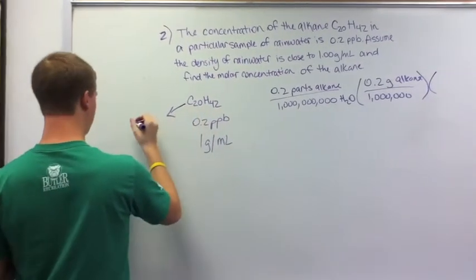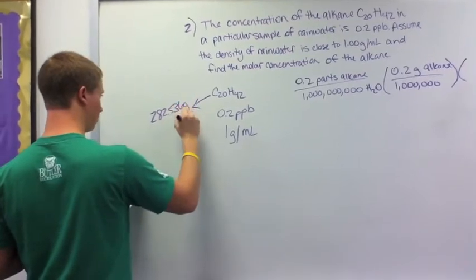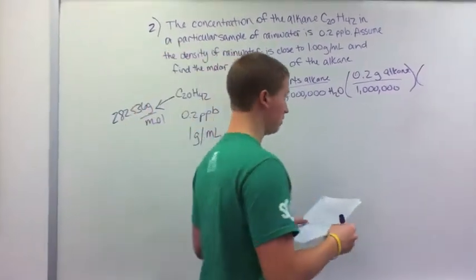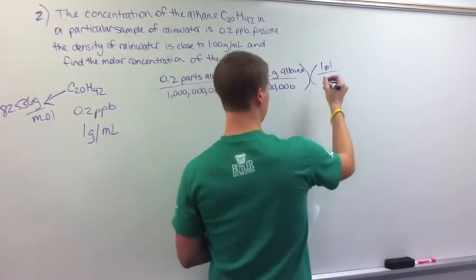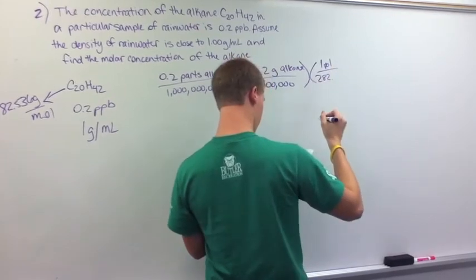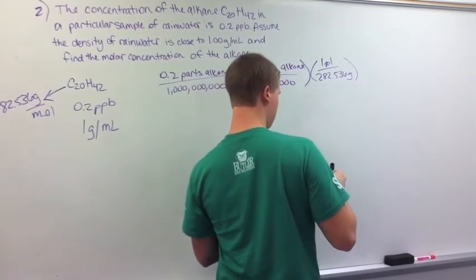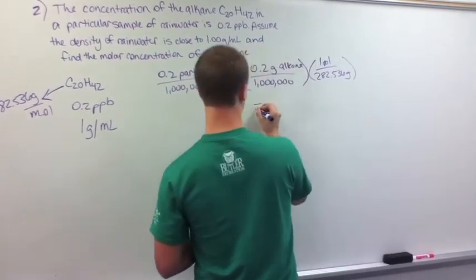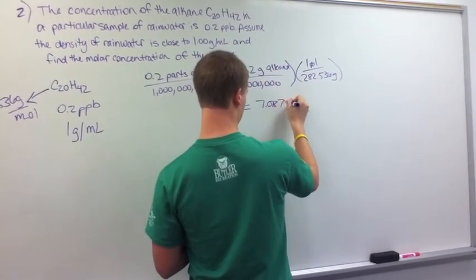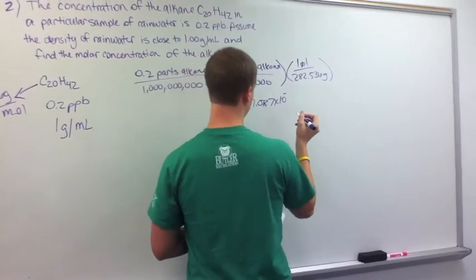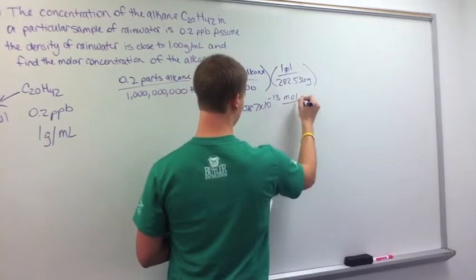So it comes out to be about 282.536 grams per mole. So you want to put 1 mole over 282.536 grams, which gives you your moles per gram of solution, which is 7.0787 times 10 to the negative 13th moles per gram of solution.